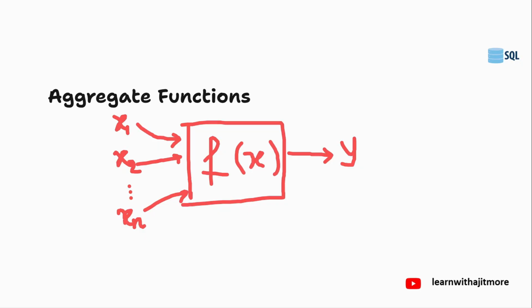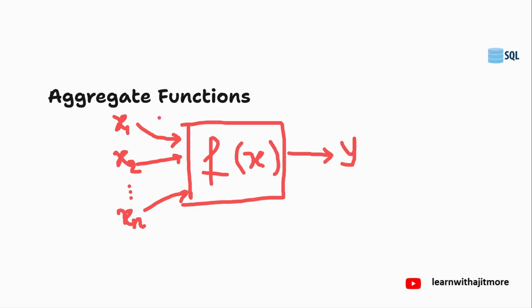Like count, sum, minimum, maximum, average. You give a set of values and the function will give the sum of all those values, which is a single value. Or count: it will count how many values are there and return the count. Or max, which returns the maximum, or minimum, or average.